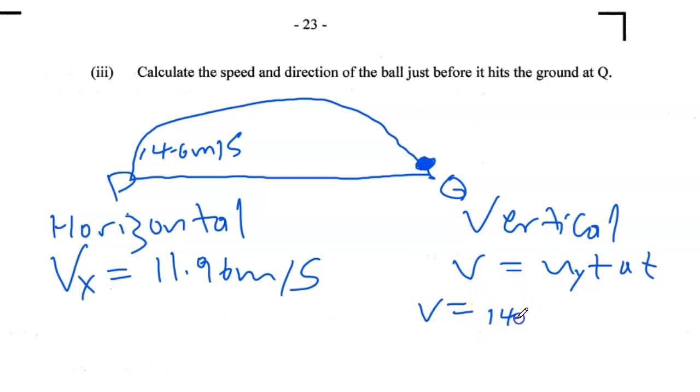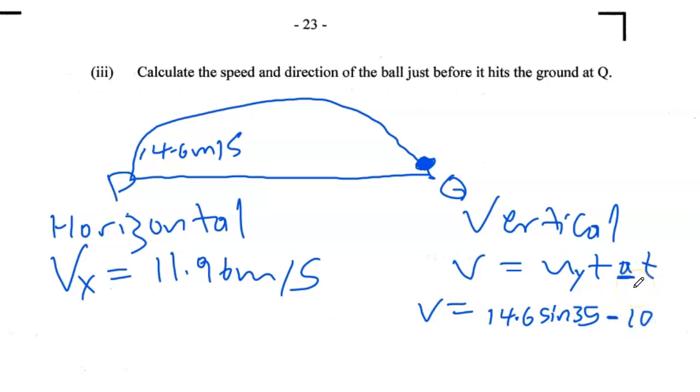So 14.6 and the vertical component sine 35. Remember the horizontal component is cos 35, the vertical component sine 35, plus A, and it's rising. So for A we're using gravity, so it's rising against gravity, so we shall use -10.